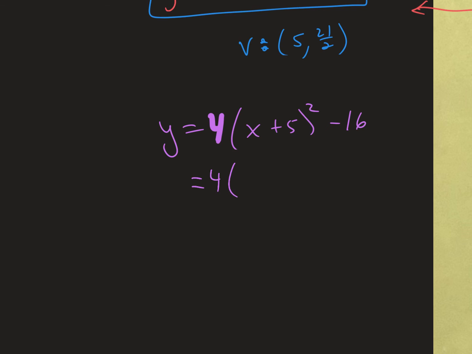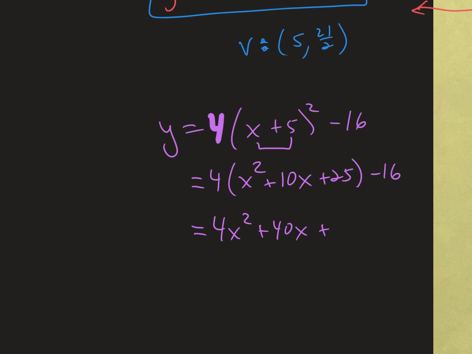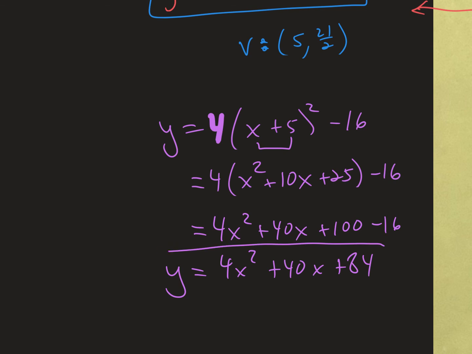Order of operations says I need to square that stuff first. So square the first, square the last, and double the product. So that would be 10x. And then I did the exponents, now I do the multiplication. So 4x squared plus 40x plus 100 minus 16. And simplify. Do the adding and subtracting. And there we go. That was D.